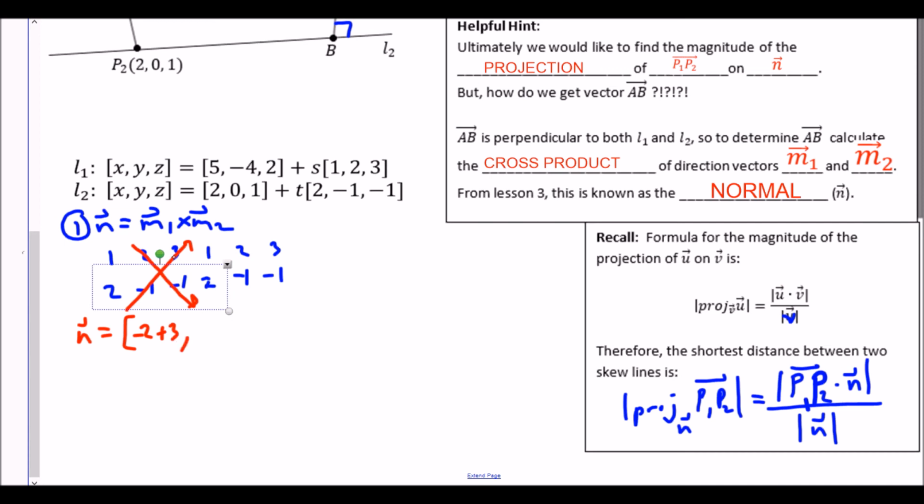For the next one, I'm going to have 6 plus 1, sorry, comma. And the last one I'm going to have is negative 1 minus 4. And so my normal will be 1, 7, and negative 5.